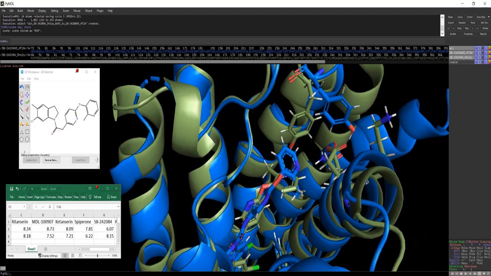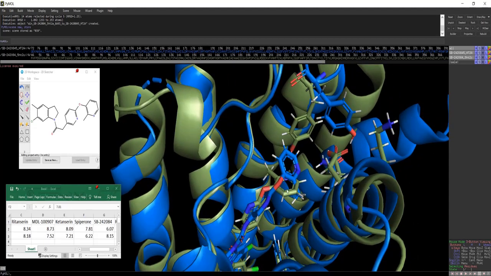However, you can see that in this case, unlike the other scenarios, the position in terms of what they're pointing towards is relatively similar.